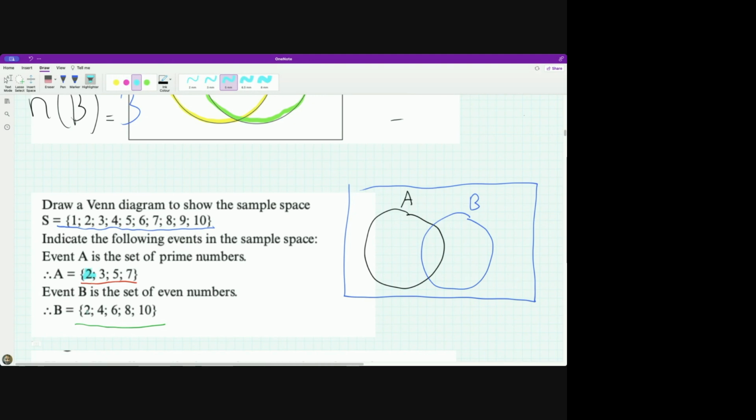Now, what I spotted is the only number that's in A and B is 2. So you're going to have a 2 there. But I'll give you a bit more time to finish the rest of your diagram and tell me when you're done.